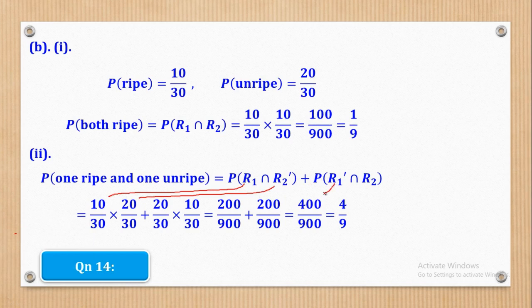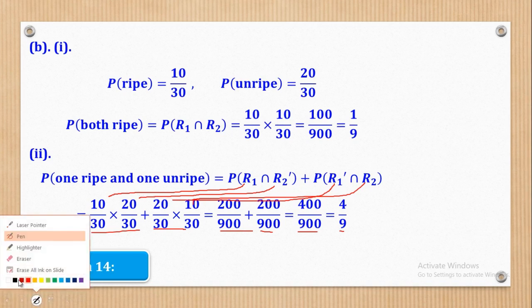Then for also this one, for unripe, it is that, and ripe, it is this. So when I multiply this one, I'll come up with 200 over 900, and when I multiply this part, I'll come up with 200 also over 900. When I add the 2, I'll come up with 400 over 900, which can be reduced to 4 over 9. Basically, that's what they wanted. That was the probability for one ripe and one unripe.